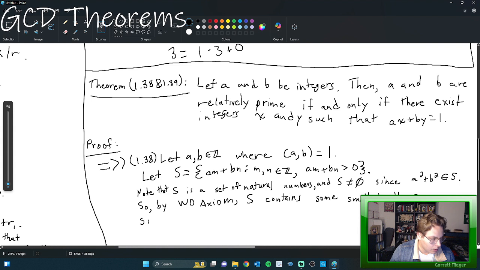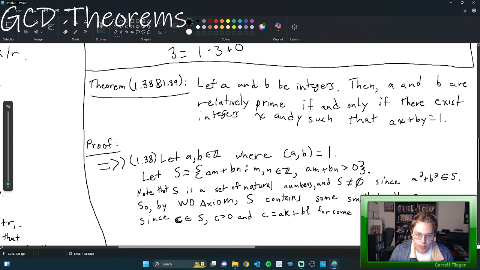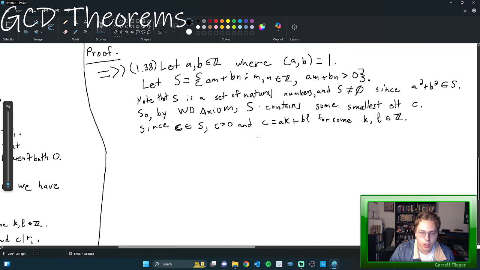And since c is in S, c is greater than 0, and c equals ak plus bl for some k, l integers. Okay, so we have that shown for some k and l that are integers.